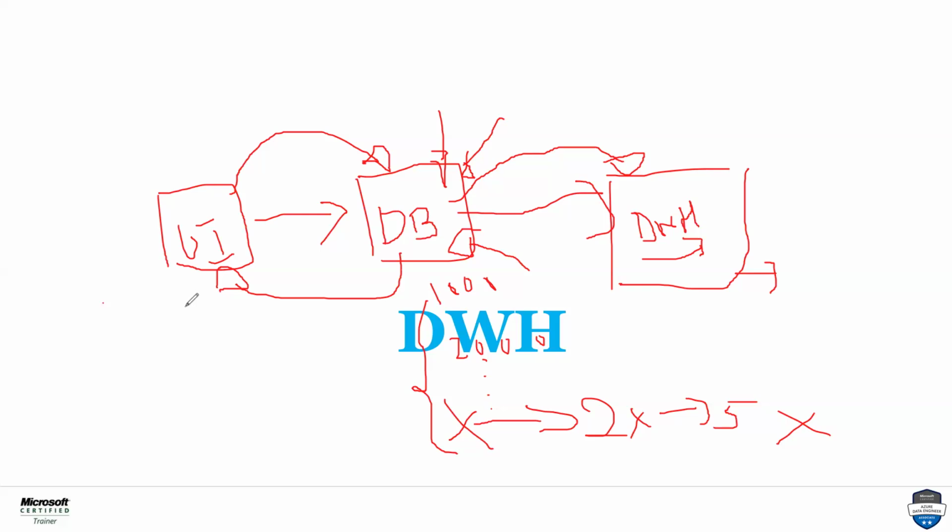Now when the data kept increasing, the data warehouse came into the picture, and then the data warehouse developer, BI developer, ETL developer and so on. We'll see what those actually are. So over a period of time, as the data was increasing, new concepts and new technologies came into the picture, and with them new roles evolved in the software industry.